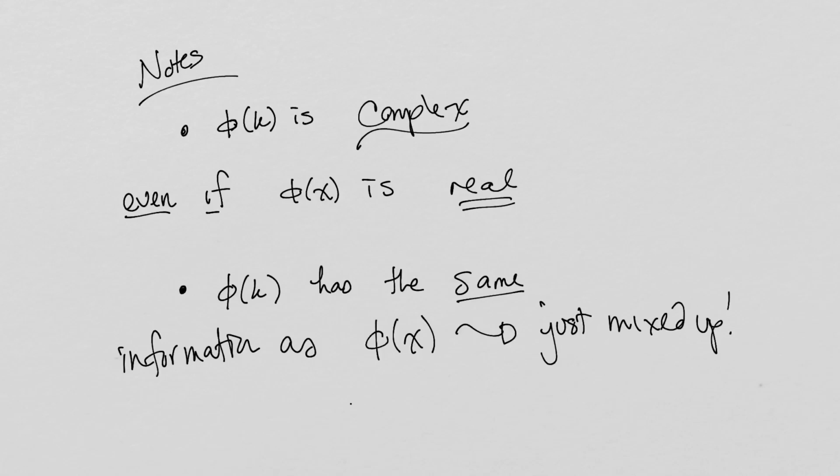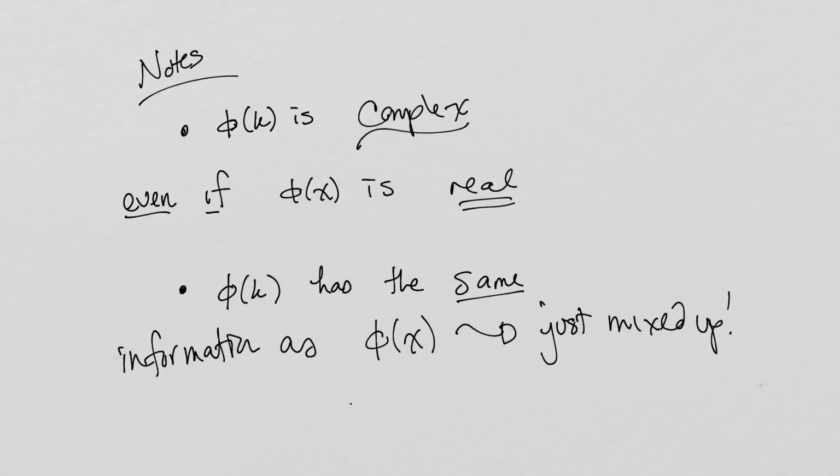Now, a couple of different notes, and I think this is just to spark discussion and to give you the opportunity to ask me questions. I want you to remember that this Fourier transform phi of k always seems to be a complex quantity, right? There's no realness, there's no real operator on either side of this, and that's because these e to the i k x's are inherently complex basis functions.